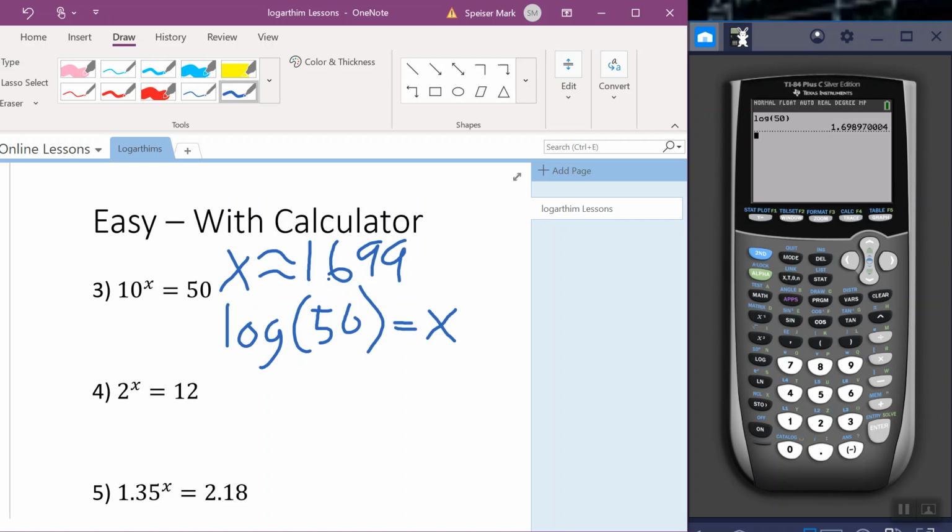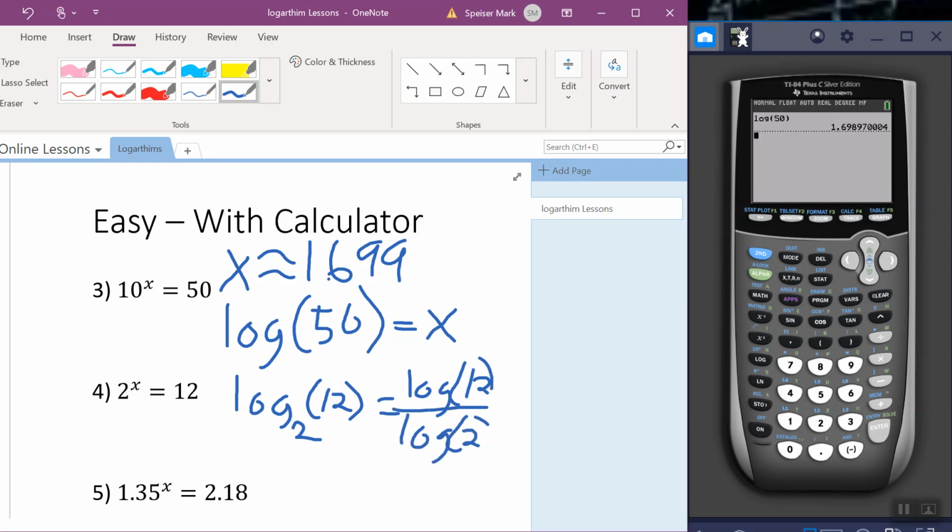This case is log of base 2. So I'll go over the change of base formula. This will be log of base 2 of 12, which you can rewrite as log of 12 over log of 2 equal to x.